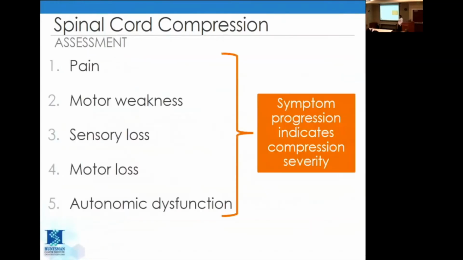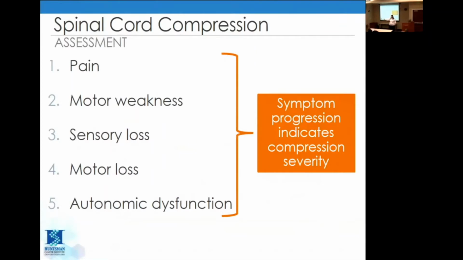So this is one of my favorite oncological emergencies because so much about oncological emergencies and cancer and medicine in general is so like, well, you could have this or you could have this, right? Let me tell you right now, the number 1 sign and symptom that you will see in spinal cord compression is back pain. That is the first thing that's going to happen: you're going to have pain.